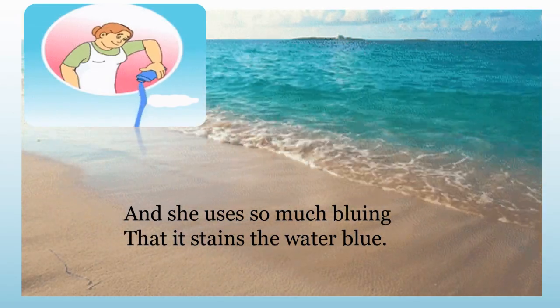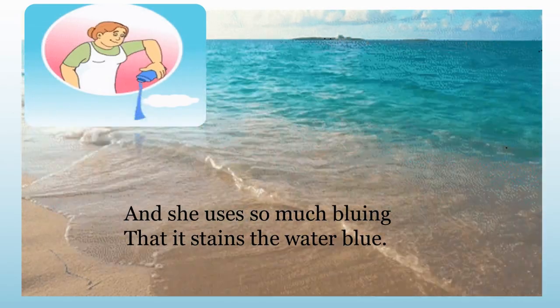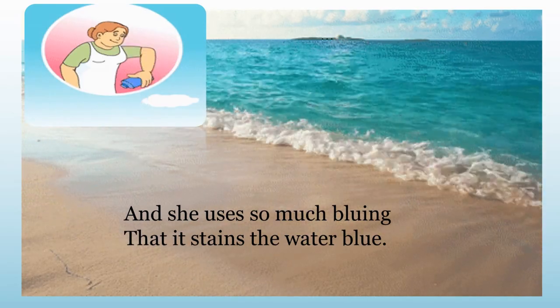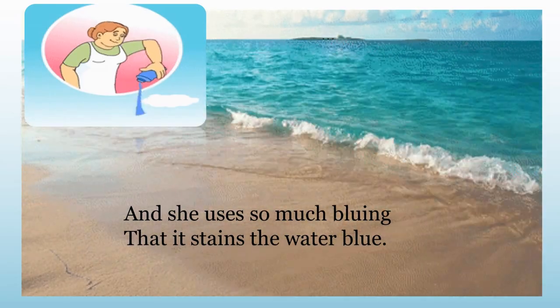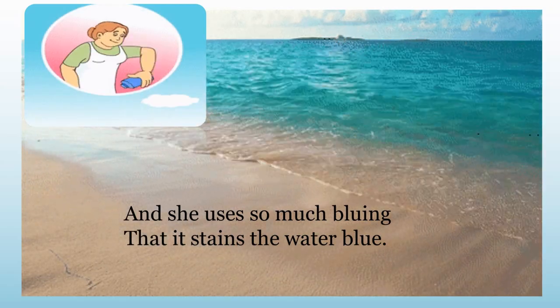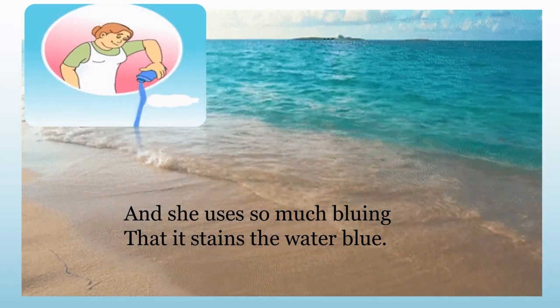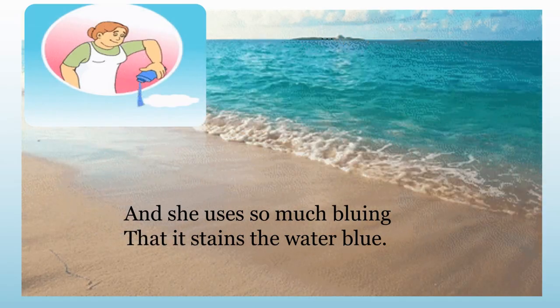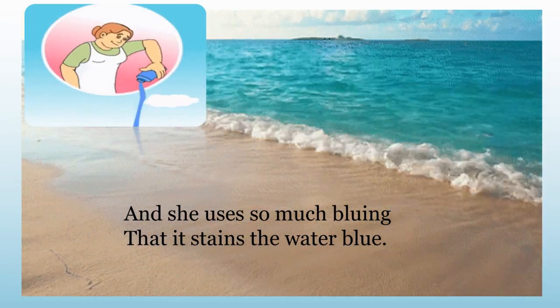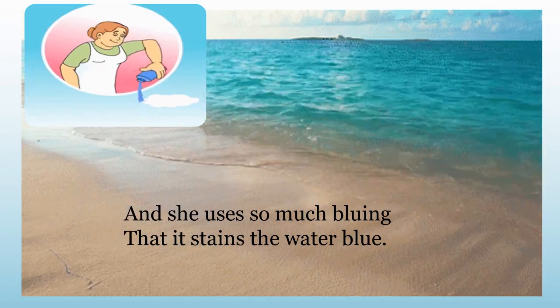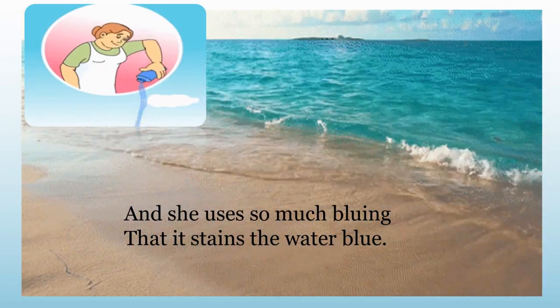Water is transparent. So students, when Mrs. Ocean is washing her clothes, she adds this bluing, blue color, okay, while washing the clothes, and the water gets into blue. Okay, as you can see in the picture, the woman is adding blue color.